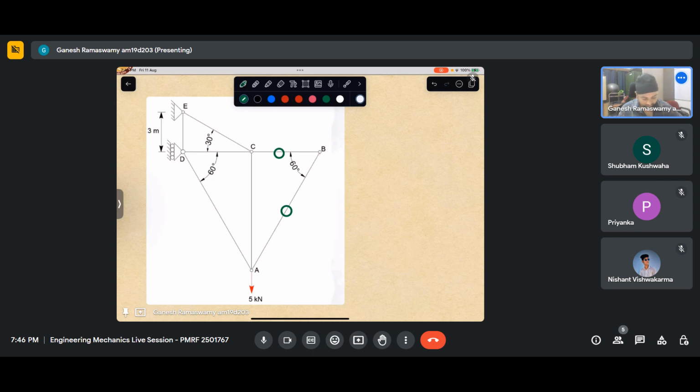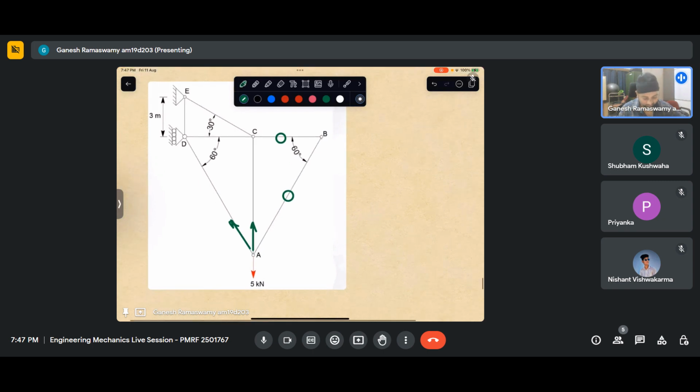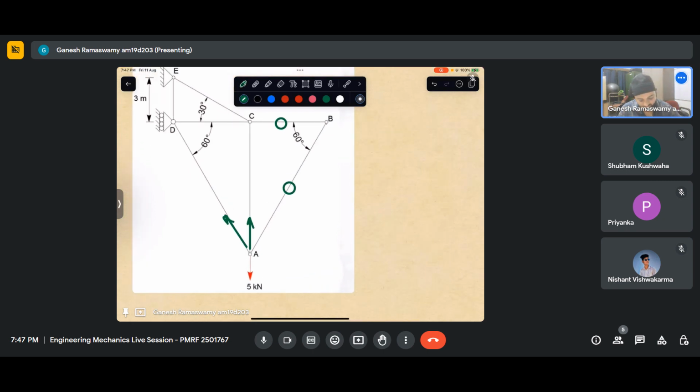Now we can see that at joint A, we have one force pointing downwards. So one force is like that, one force is like that. And since BA is 0, it is already 0. So we can imply from these that when these two forces are collinear, this force has to be 0.